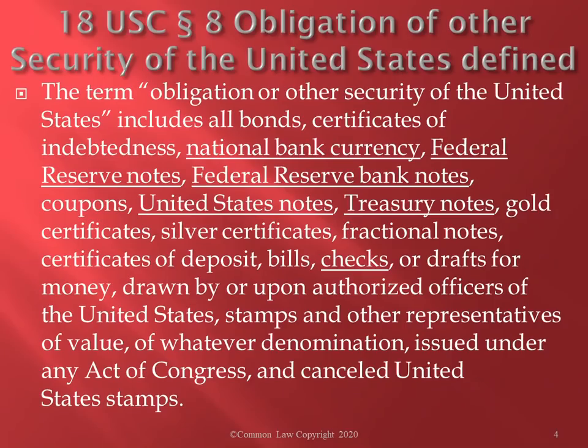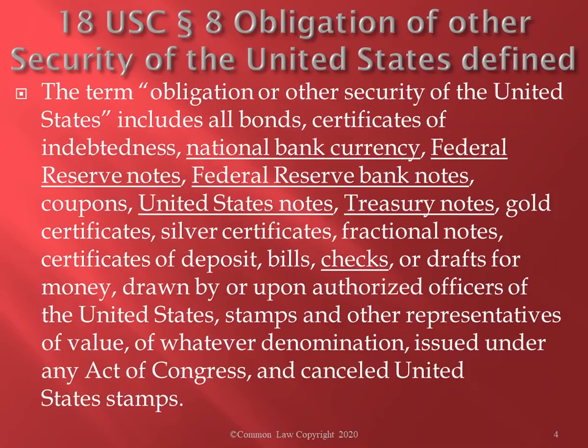Under Title 18, United States Code, Section 8, obligation or other security of the United States is defined. The term obligation or other security of the United States includes all bonds, certificates of indebtedness, national bank currency, Federal Reserve notes, Federal Reserve bank notes, coupons, United States notes, all sorts of stuff it lists. Checks. All checks, believe it or not, when you write a check, it's an obligation to the United States.